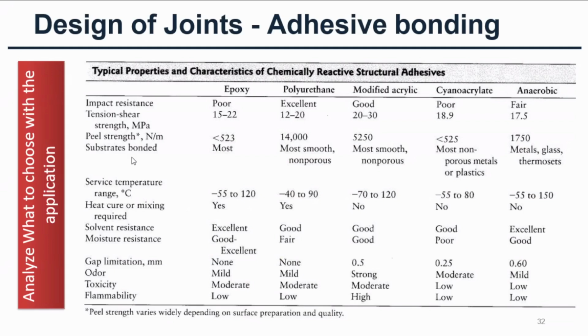First one, epoxy. Epoxy has poor impact resistance. Tension or shear strength is 15 to 22 megapascal. Peel strength is less than 500 Newton per meter.